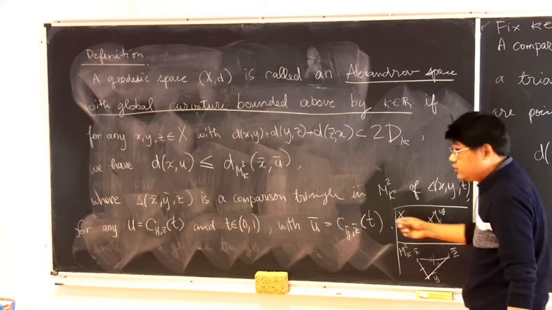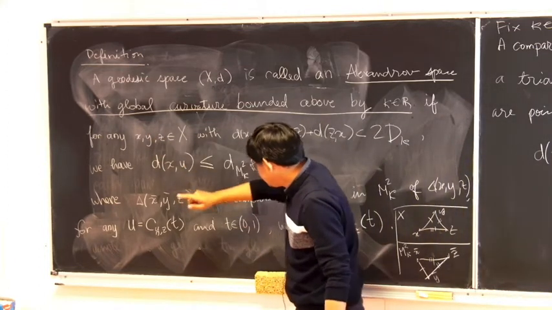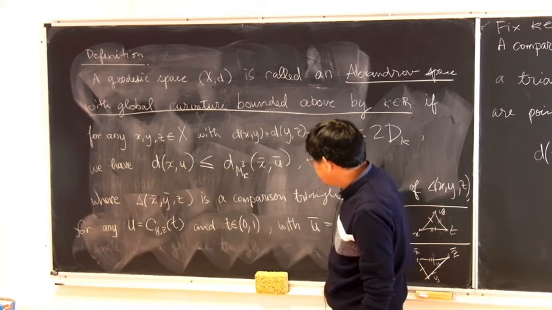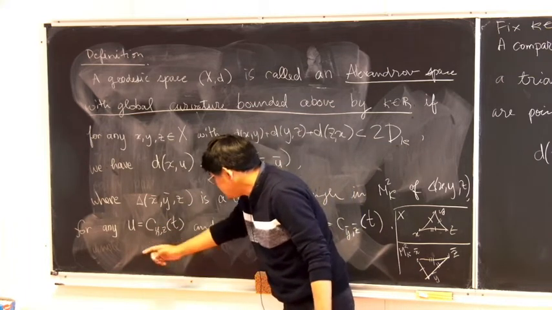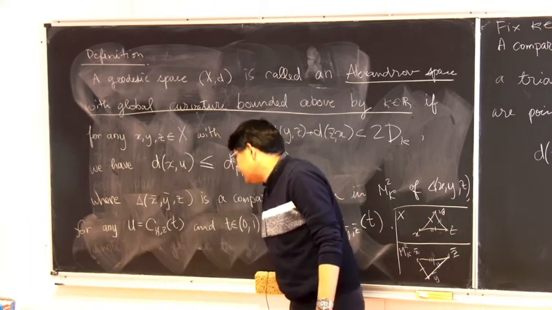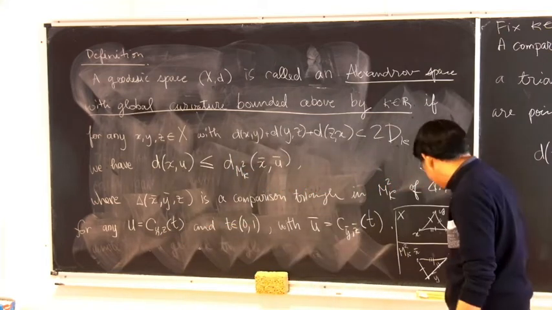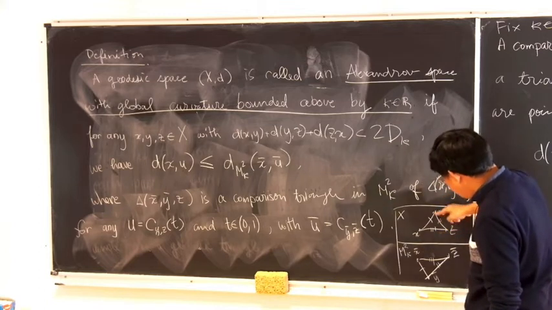We take any u, back to this definition. Okay, x is one of the vertices, and you take any u. What is u here? u is a point within the side y and z. So u is here. u can be any point between y and z.